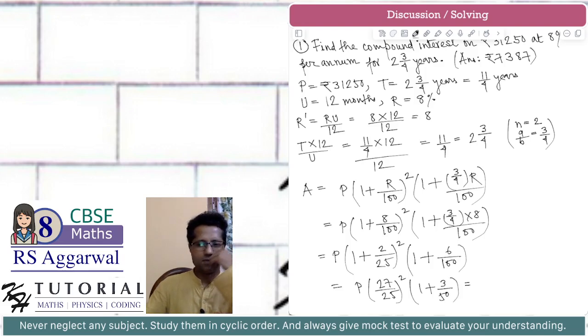So this is equal to P multiplied by 27 by 25 squared multiplied by 53 by 50.